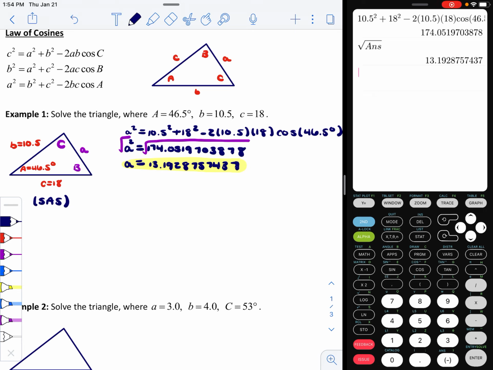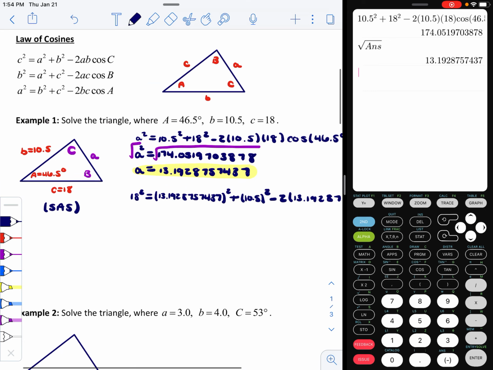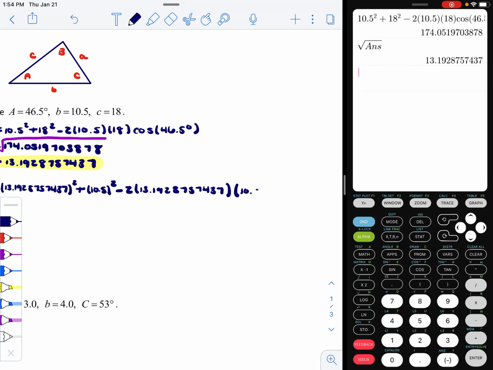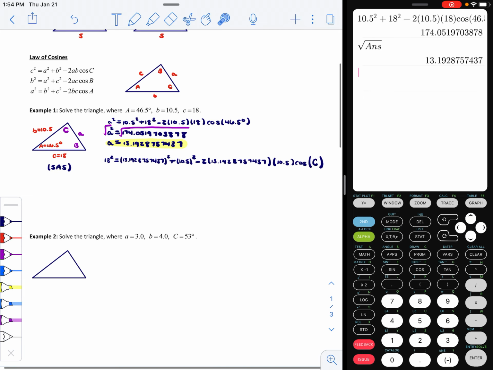So I have C squared, that's my 18 squared, is equal to my A squared, which we just found, plus B squared, which was 10.5, minus 2 times the same A value again, times B, which was our 10.5, times the cosine of angle C. Now this one, our variable that we're solving for isn't isolated yet.